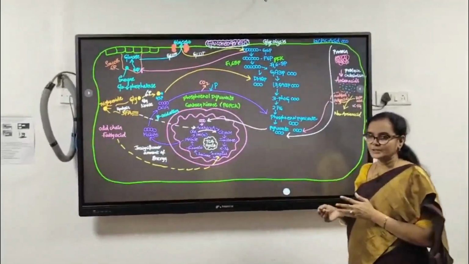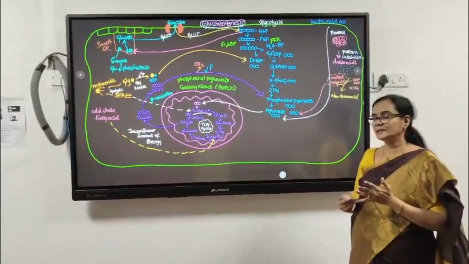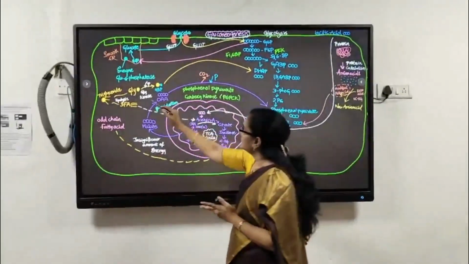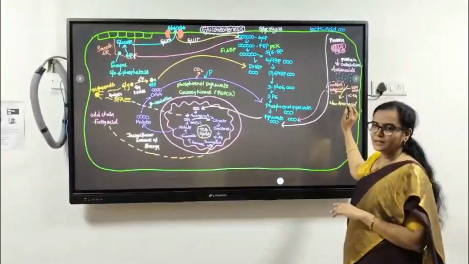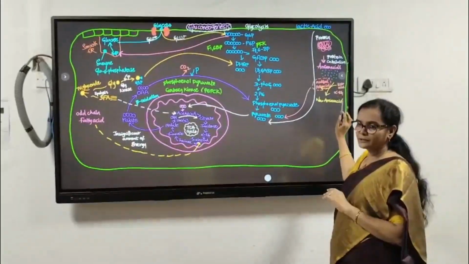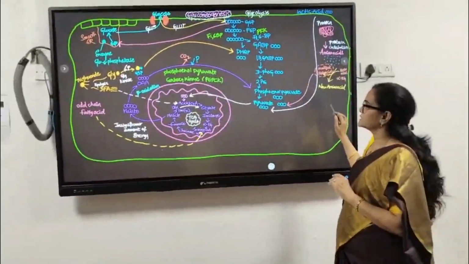Certain non-carbohydrate sources such as lactic acid and glycerol, and also the degradation of proteins, which gives amino acids, are used. From those also, glucose is synthesized in the body.